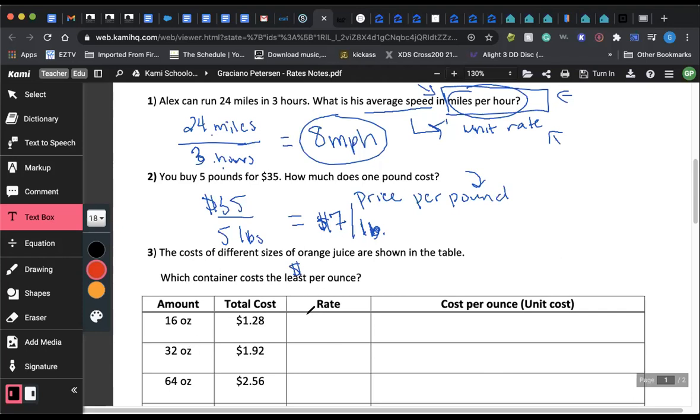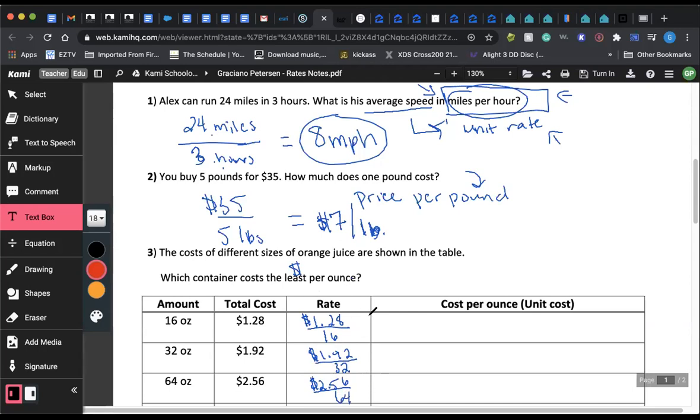I have to set up all of my rates. It's going to be $1.28 divided by 16, $1.92 divided by 32, and finally $2.56 divided by 64.